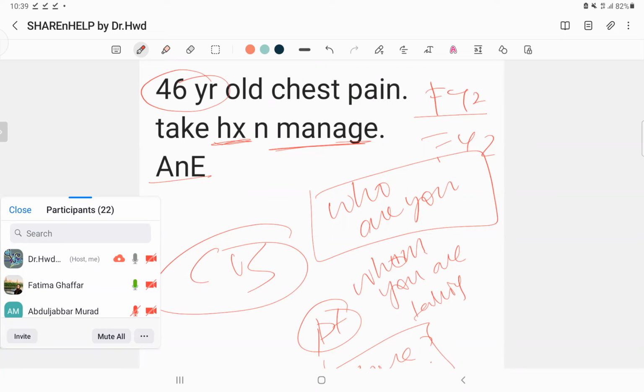And does it come and go or is it continuous? Well, it is almost there all the time, but it gets worse when I try to do something. Okay, I see. Did you by any chance hurt yourself, like hit yourself in the chest, or injure yourself in any way? No, doctor.